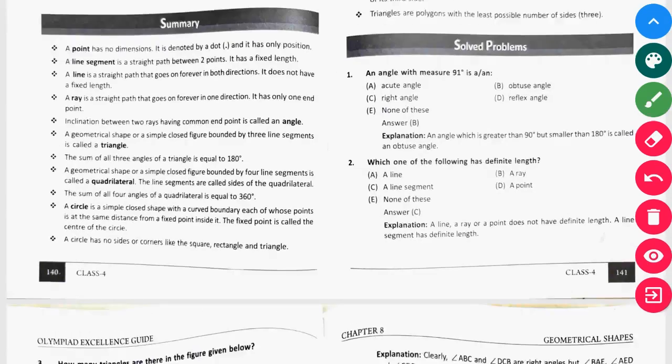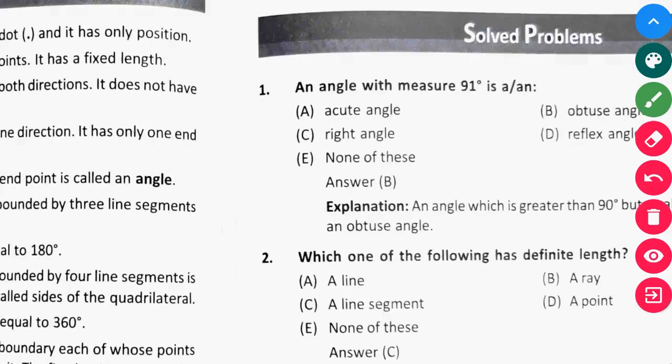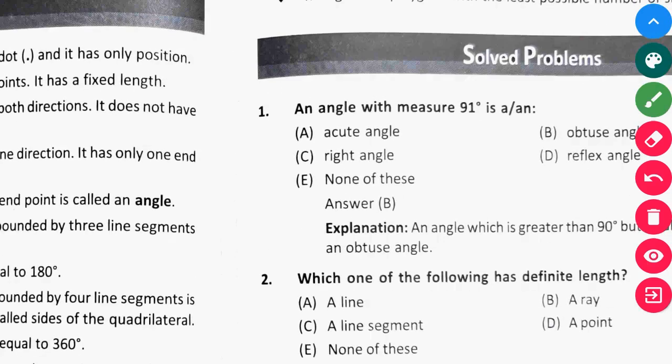Which one of the following has definite length? The options are a line segment, a ray, a point, and none of these. So see, a line can be extended on both sides, so it does not have definite length.